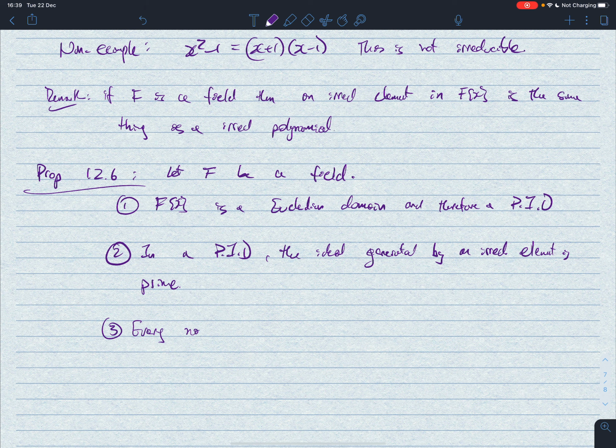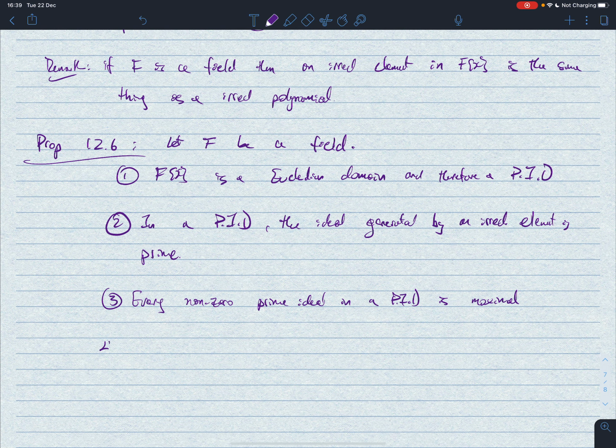Every non-zero prime ideal in a PID is maximal. And 4. Every principal ideal domain is a unique factorization domain.